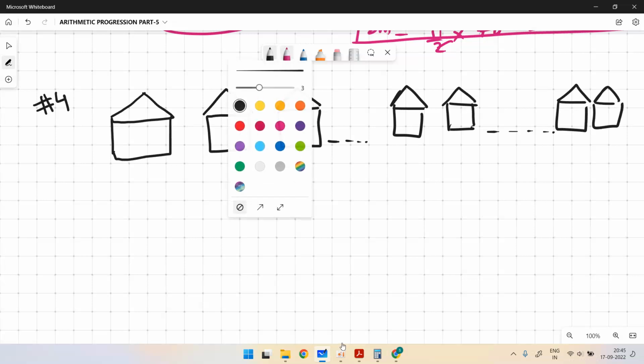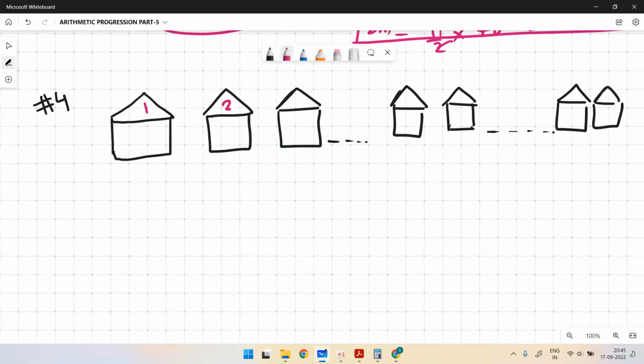and all are marked 1, 2, 3, and so on, up to n minus 1, n, n plus 1, and so on, till 48 and 49.